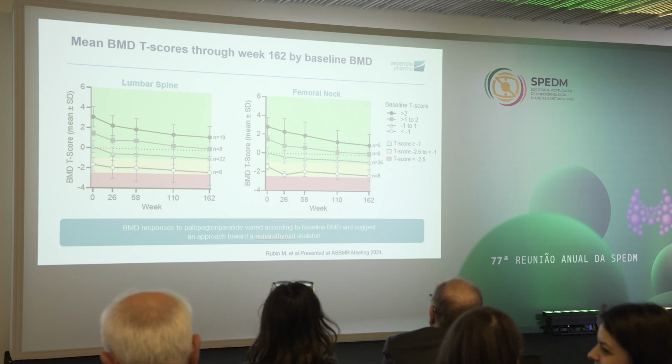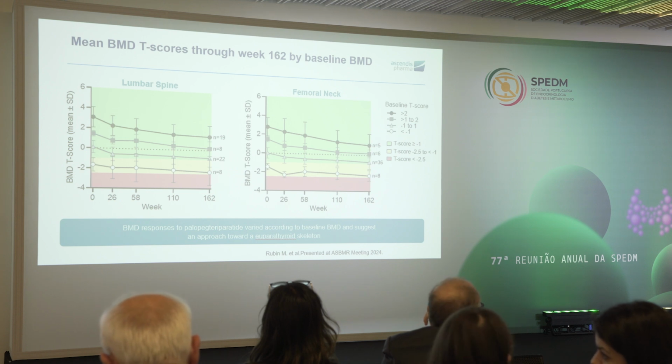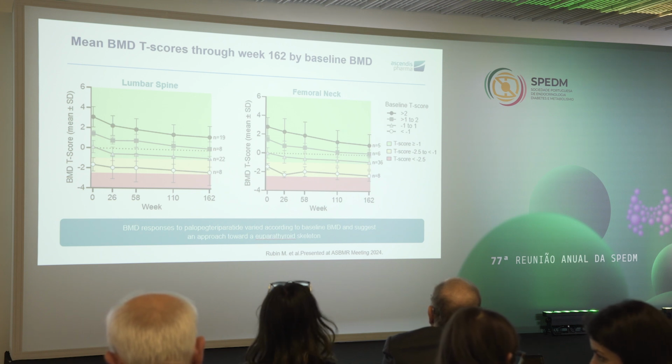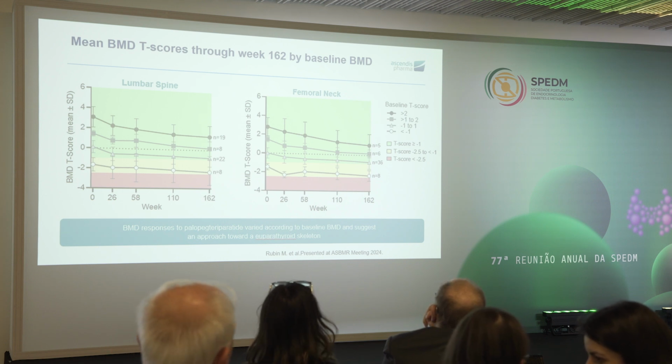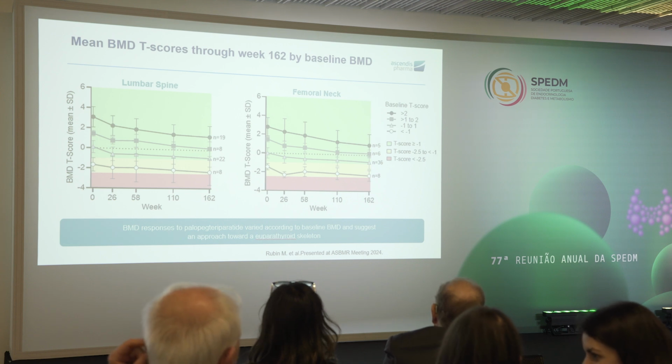In this case we didn't have someone with severe osteoporosis, but the ones that started with osteopenia more or less readjusted. It means, to conclude, that the skeleton readjusts to a state of a euparathyroid skeleton.